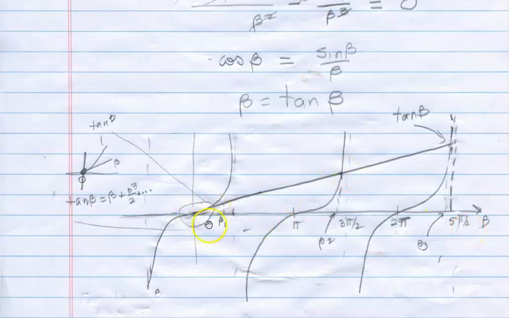We need to examine this portion a little bit closer, and if you do that, you can expand the tangent side in this form. There's a Taylor series expansion. The leading order is beta, but the next term is beta cubed over 3. In fact, all of the subsequent terms in the Taylor series are all positive.